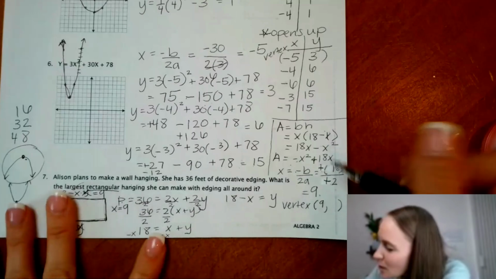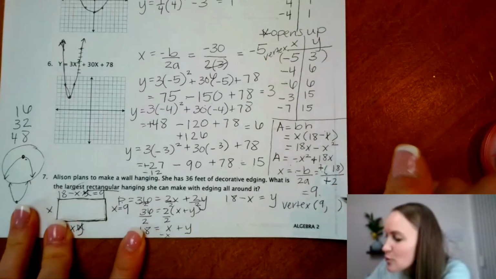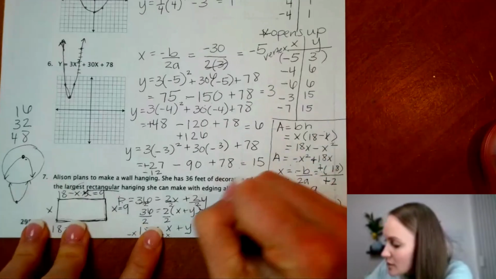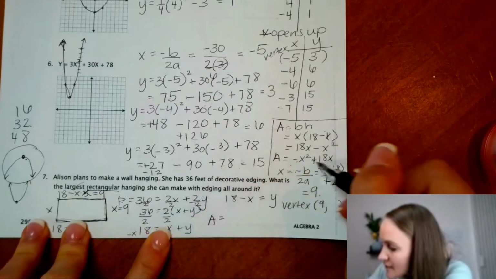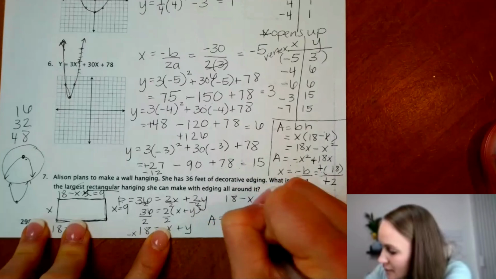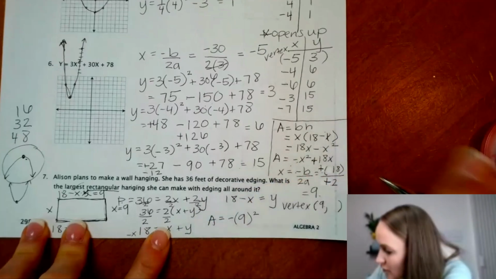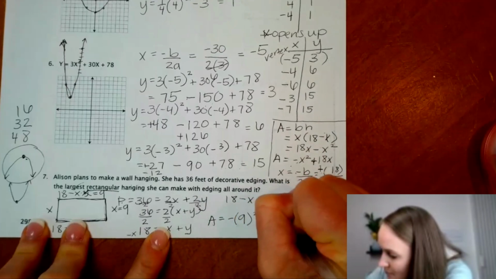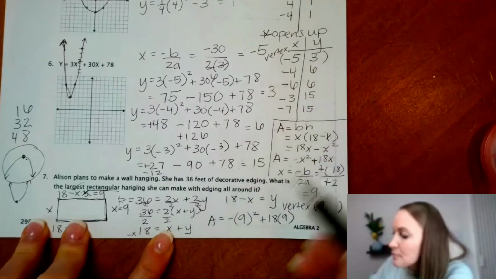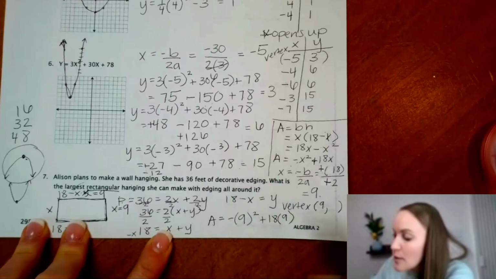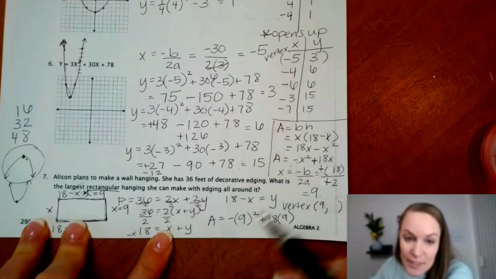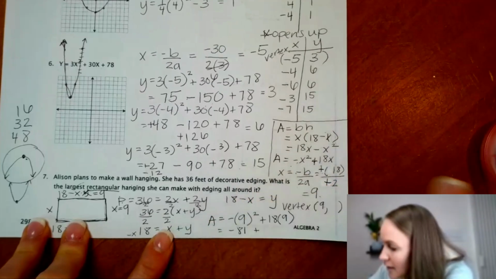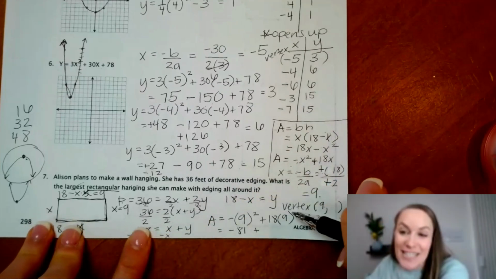Okay, so my vertex is actually going to be 9, and I plug it back into my equation, area is negative 9 squared plus 18 times 9. So 9 squared is 81 times a negative equals negative 81 plus 18 times 9.